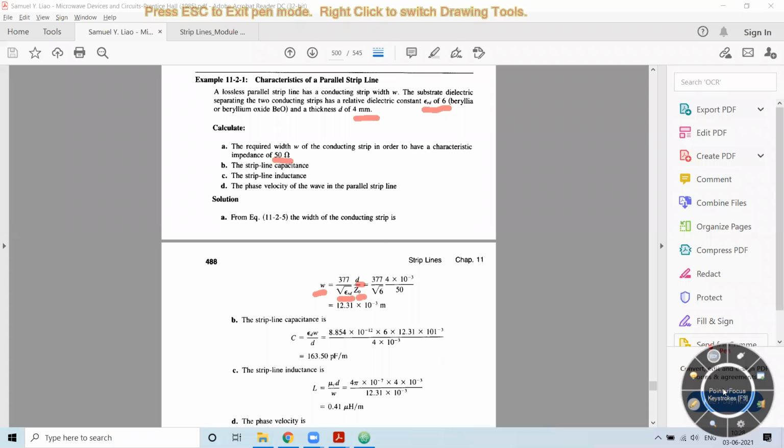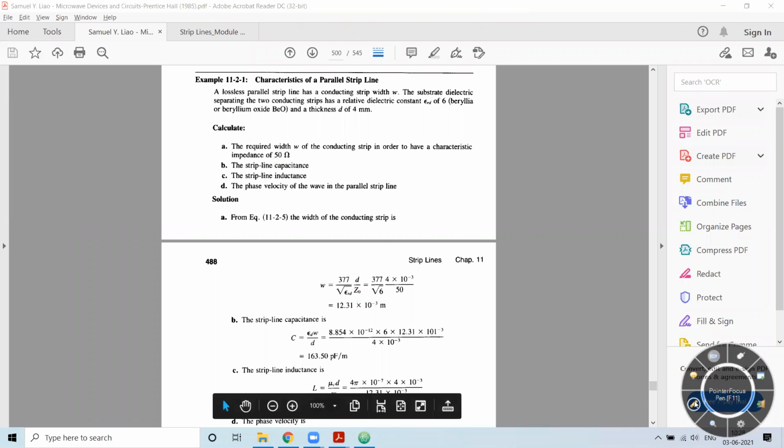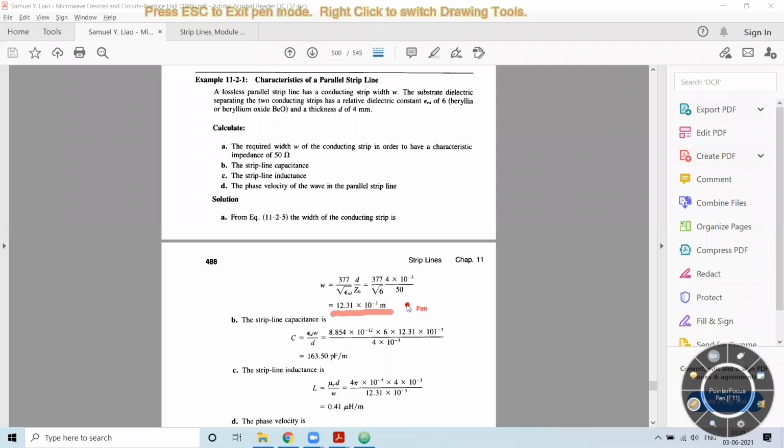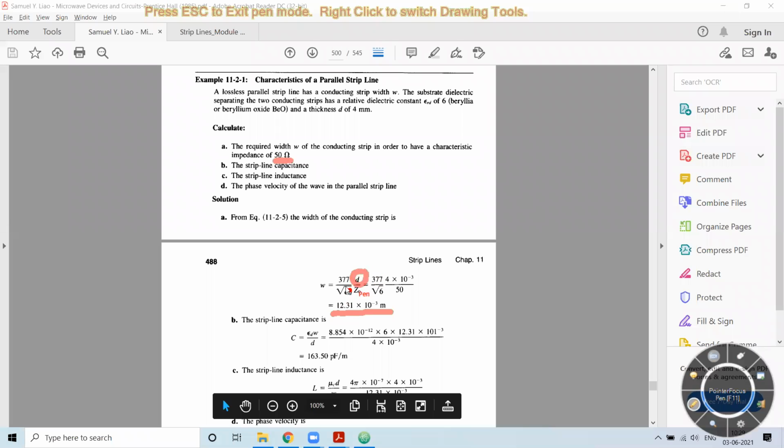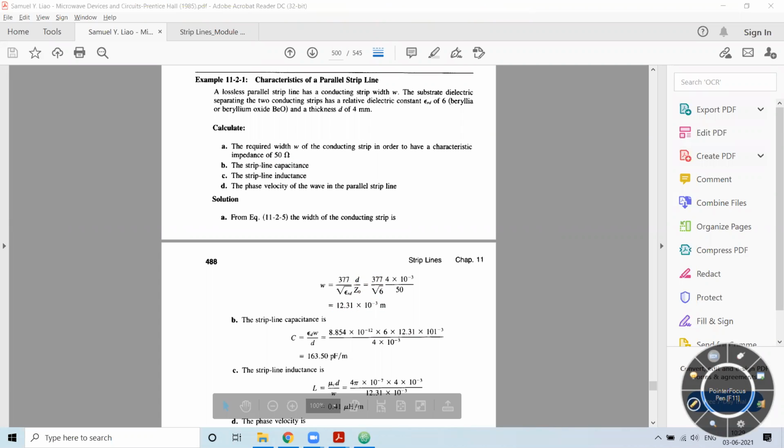If you substitute these values, you will get the width, which is around 12.31 millimeter. That will be the width of the strip line for which I'll get a 50 ohm characteristic impedance for the given D and epsilon rd parameters.